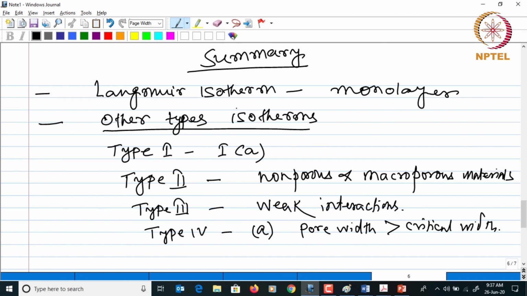Type 5 is the same as type 3 with hysteresis, and in this case at higher relative pressure the hysteresis is observed, and one typical characteristic of this kind of isotherm is molecular clustering and pore filling or capillary condensation.